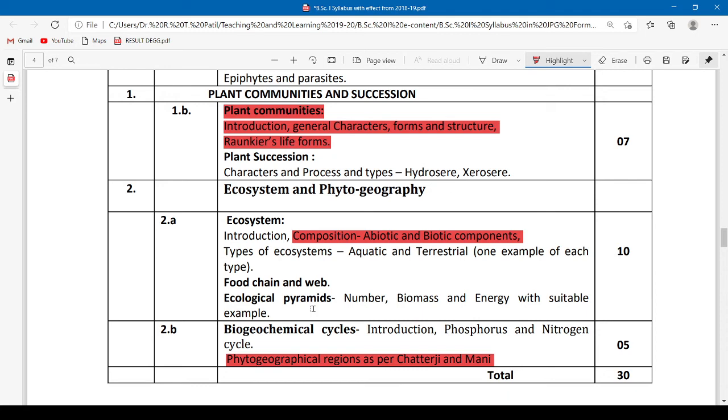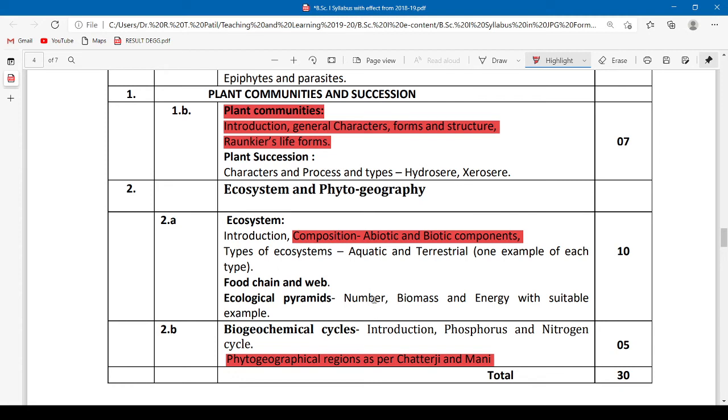The pyramids are nothing but the graphical representation of the energies or numbers occurring from the ecological point of view, the graphical representation of producers, consumers and decomposers.